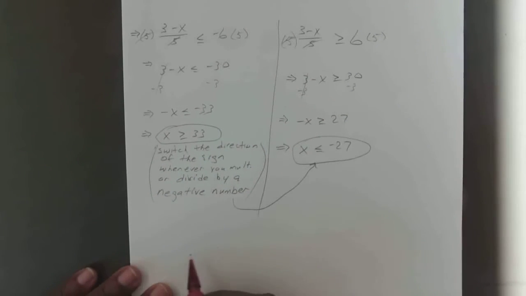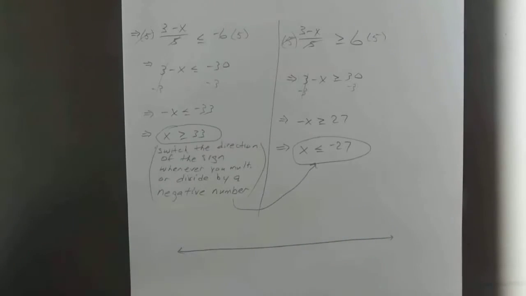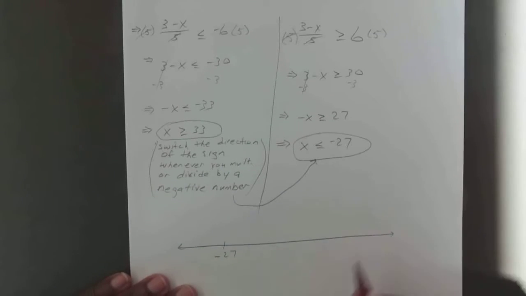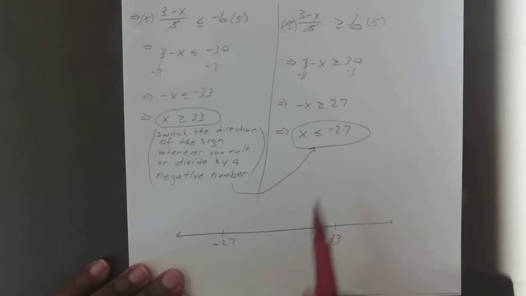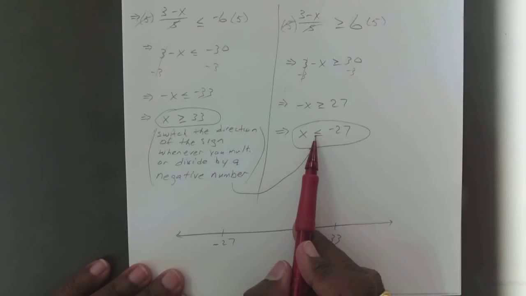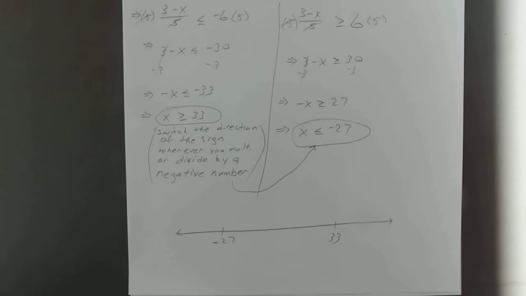So if we wanted to graph it, you just draw out our number line. You don't have to write out every single value in between. Just pick your negative 27 and your 33. Since it's less than or equal to here and greater than or equal to here, you're going to use the brackets instead of the parentheses. You only use the parentheses when it's less than or greater than.